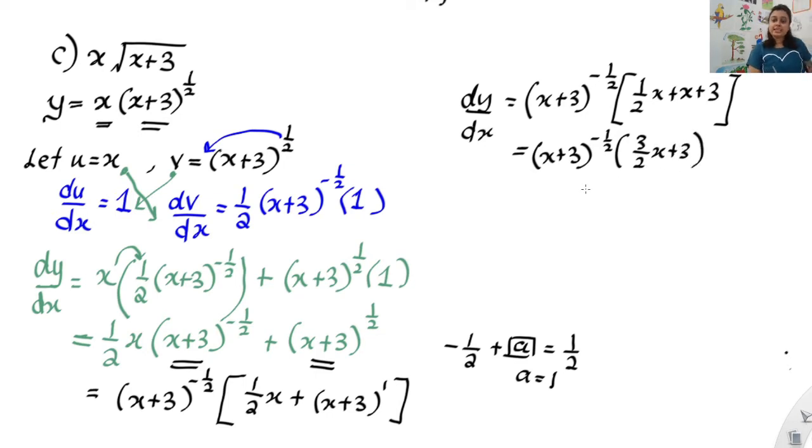You can leave it like this, or another better way to leave this is to write it in this form: 1 over square root of x plus 3, times 3 over 2 x plus 2. You can leave it in this format also.